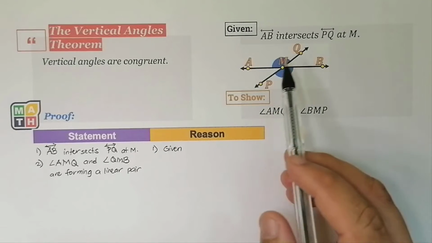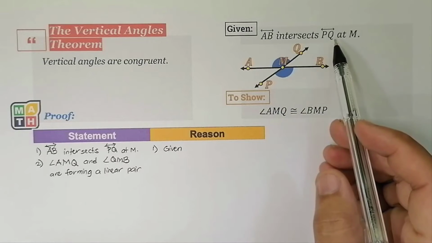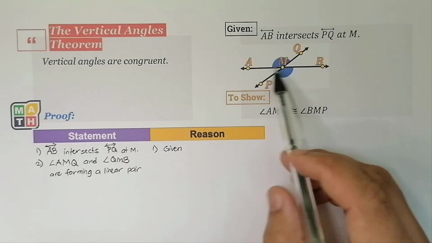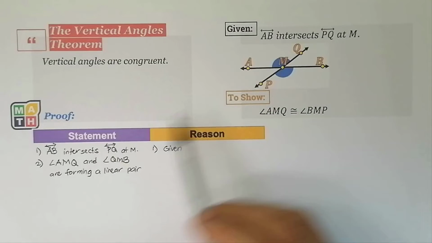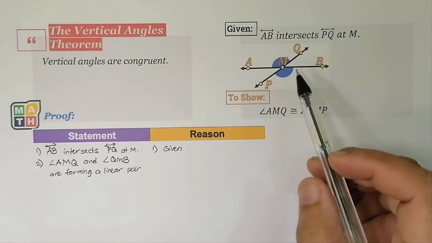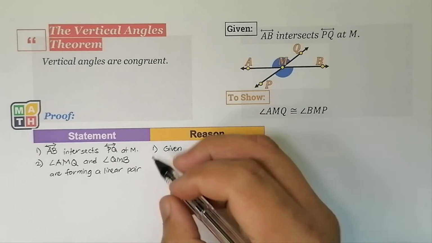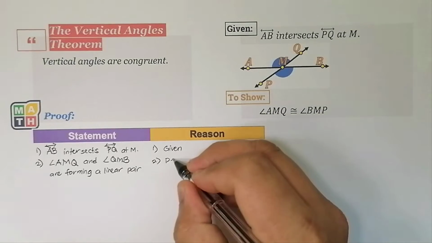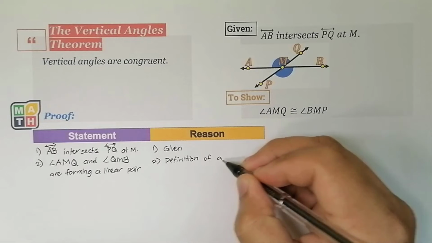As you can see, where line AB intersects line PQ at point M, we have made here four different angles, and two of which are again angles AMQ and QMB, and they are actually forming a linear pair. The reason for this is simply the definition of a linear pair.